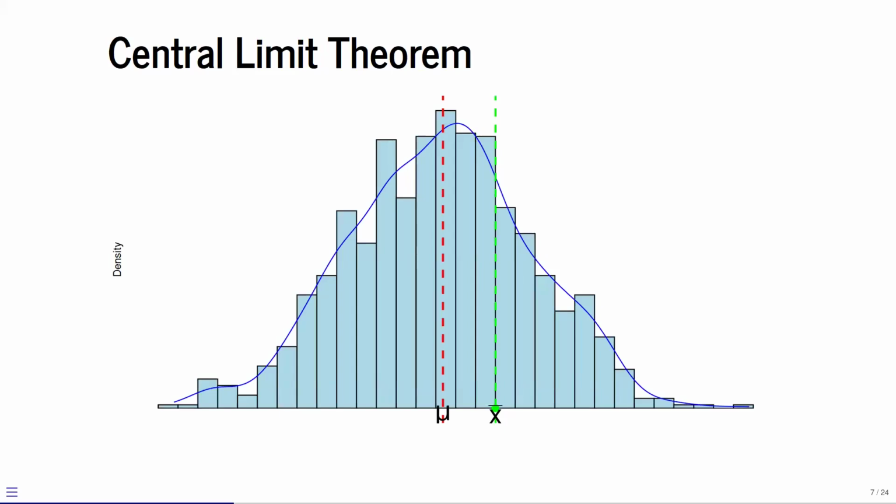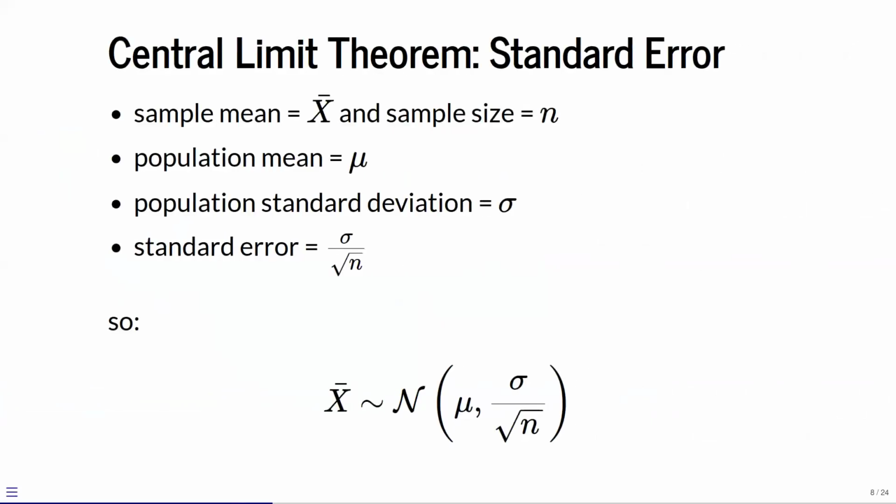So let's formalize this idea. We denote the sample mean with X bar, sample size with n, population mean with mu, and population standard deviation with sigma. This means that the standard error, which is the standard deviation of the sampling distribution of sample means, is sigma divided by the square root of n.